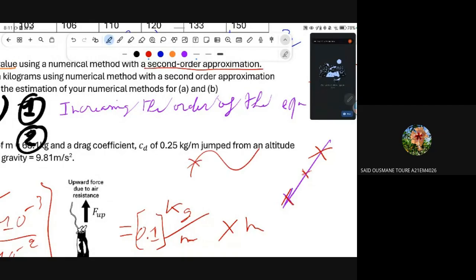If you take this point and calculate the middle, based on this value and this value, you get this value. It is more accurate than if you decrease the increment. Basically, this was x equals 1, this was x equals 2, and you're supposed to find x equals 1.5, for example.